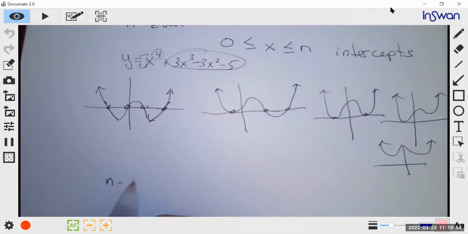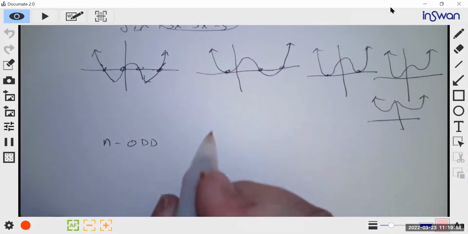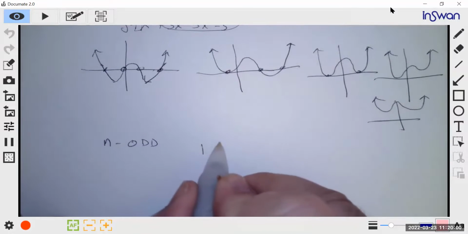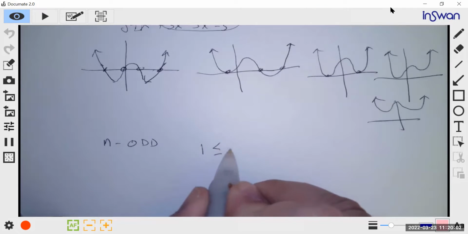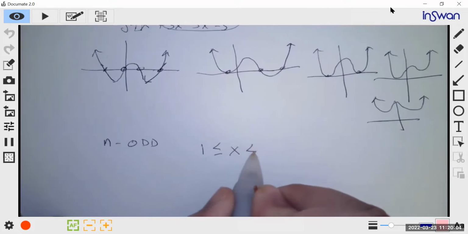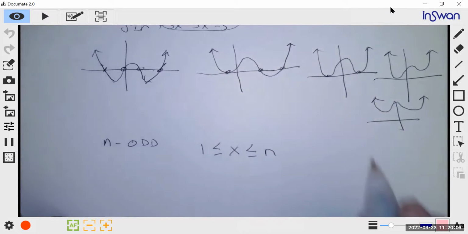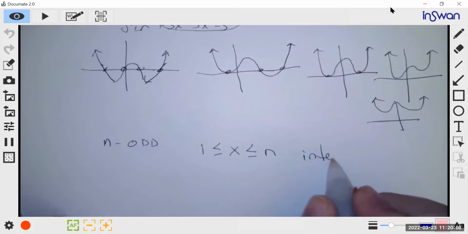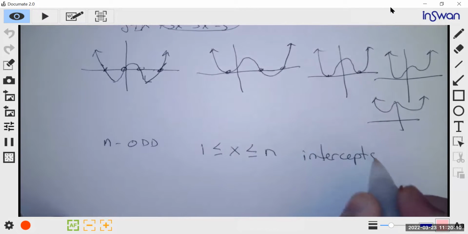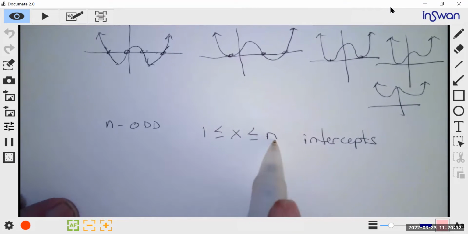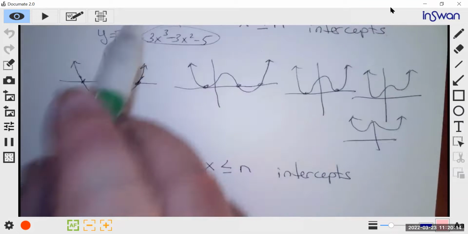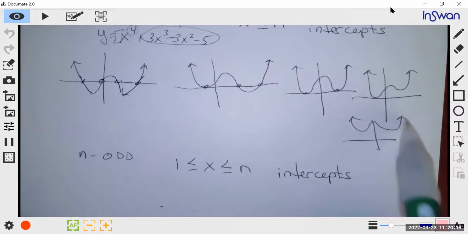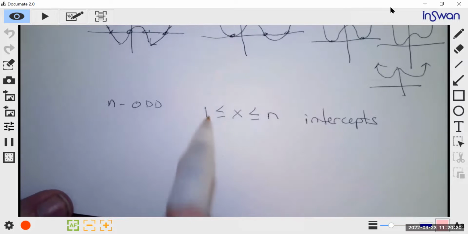If n is odd, we can have anywhere from 1 to n. Evens don't have to touch the x-axis. Odds have to touch at least once.